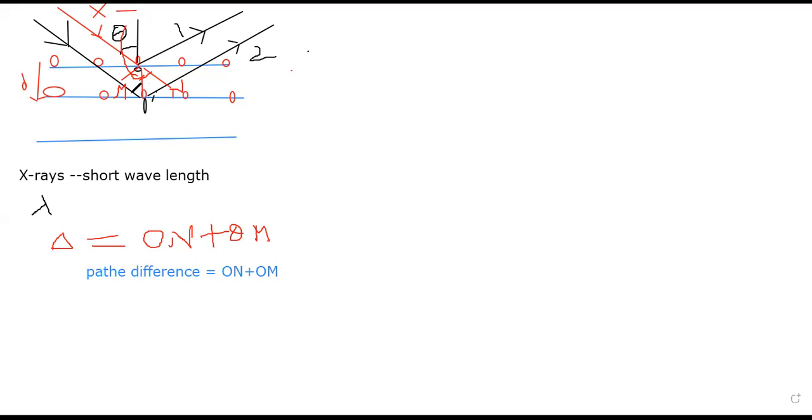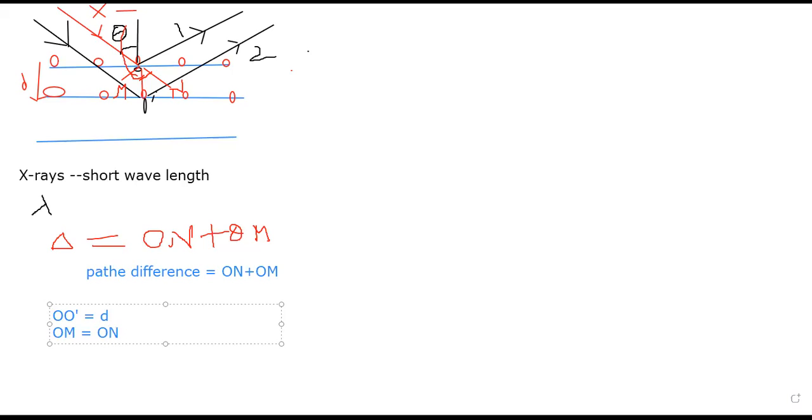This is the opposite side of the right angle triangle OMO dash, and ONO dash is also a right angle triangle. For this right angle triangle, the hypotenuse is O dash, which equals D, the interplanar distance. OM and ON are both equal.